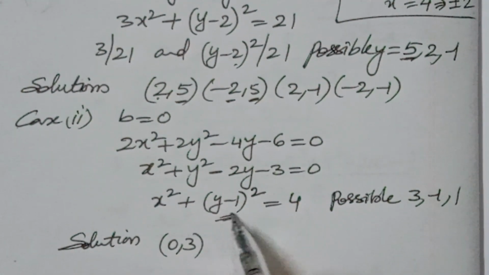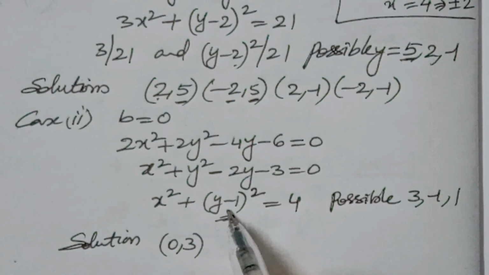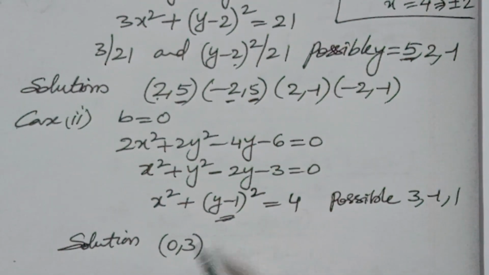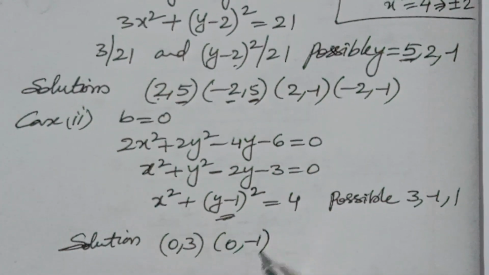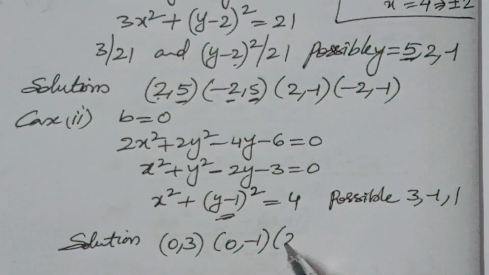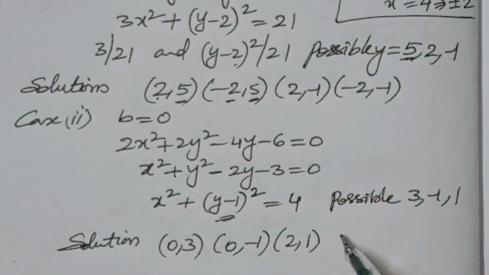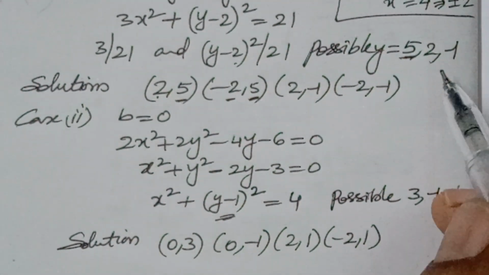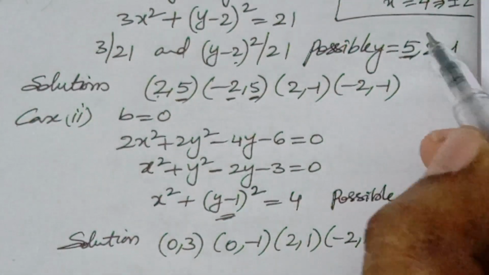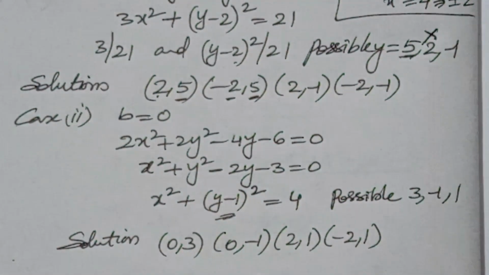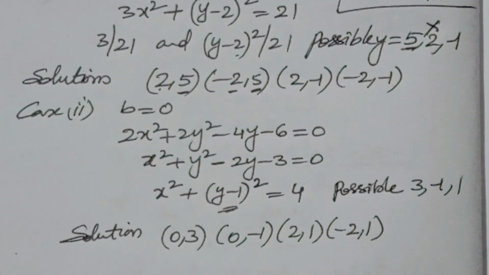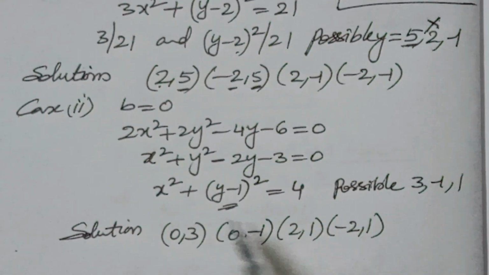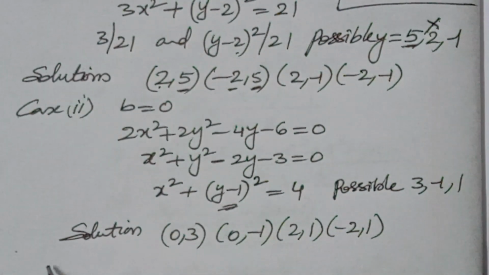If you keep here 3 minus 1, you'll get 2, 2 square 4. 4 minus 4 will get 0, x value. 0 comma minus 1, 2 comma 1, minus 2 comma 1. So here previously the value 2 does not satisfy here. Now these are the possible solutions if you substitute here.